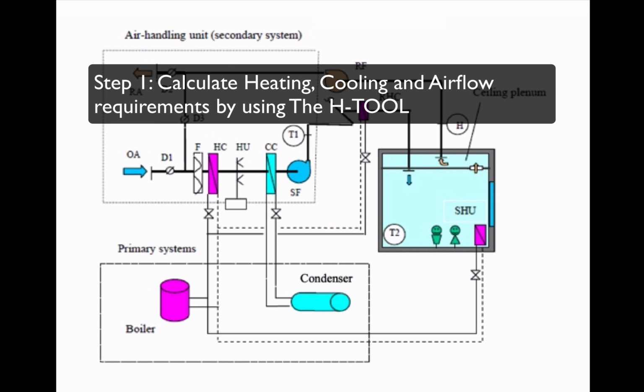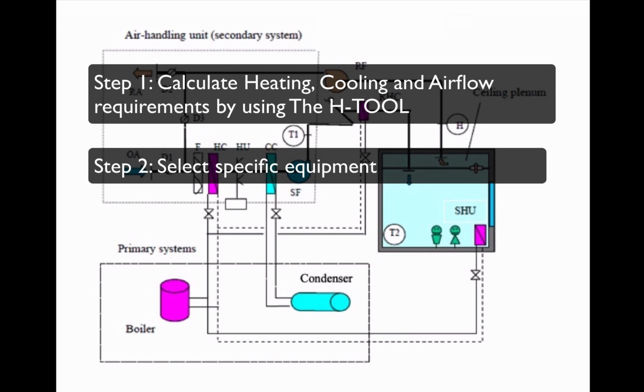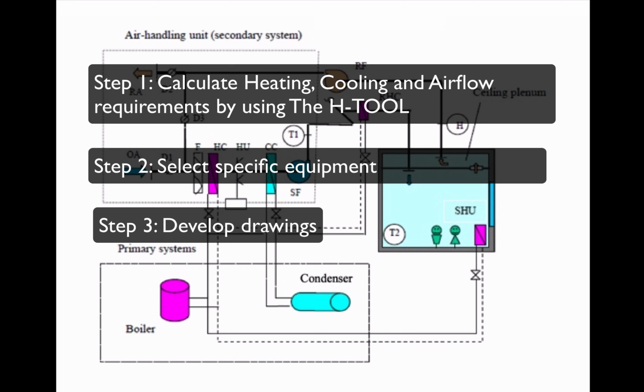We will be using the HVAC sizing tool. Step number 2, selection of the equipment make, model, and physical size based on the calculated heating, cooling, and airflow rate requirements. And step number 3, development of the construction drawings that will be required to materialize the HVAC infrastructure.